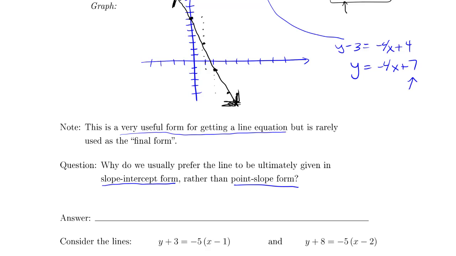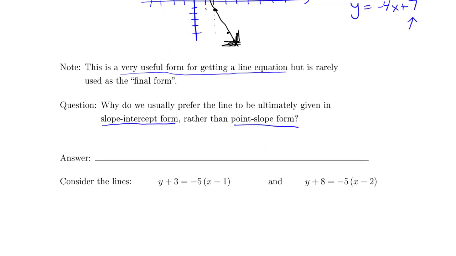Well, there's a very good reason here. And the answer is, for a given line, slope-intercept form is unique.